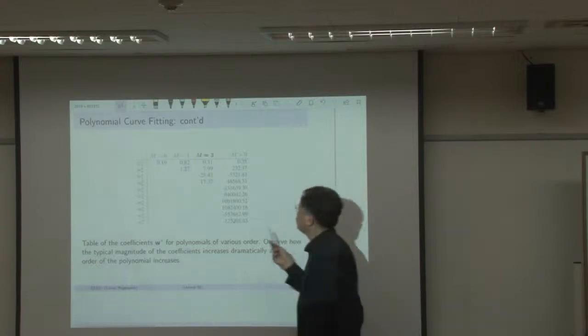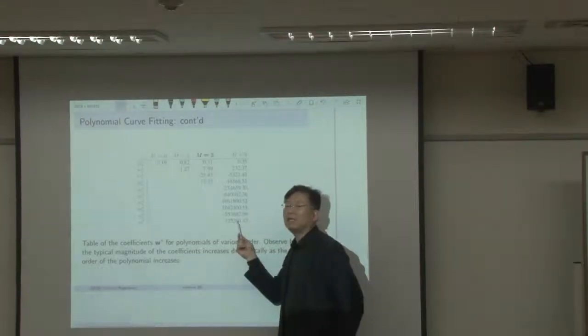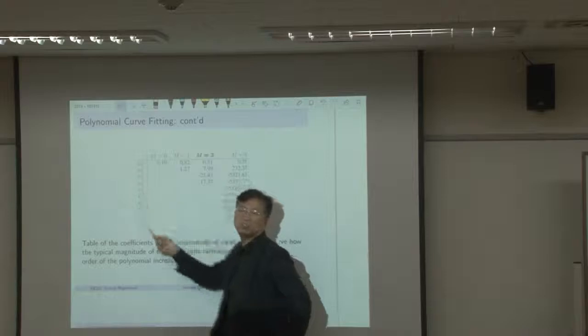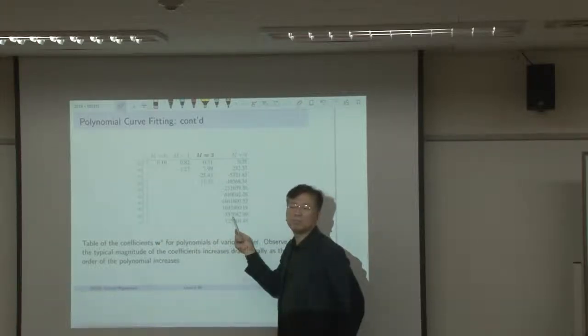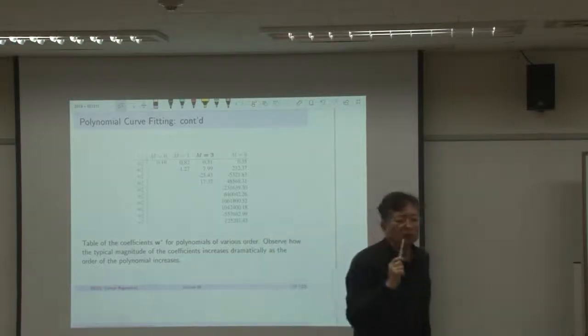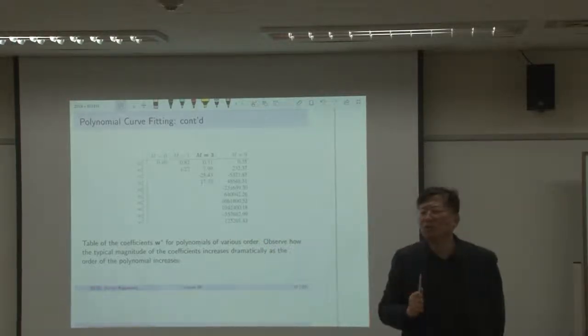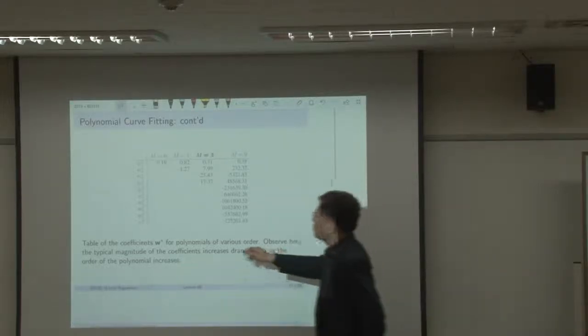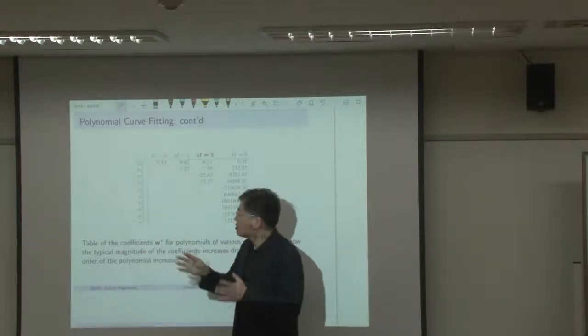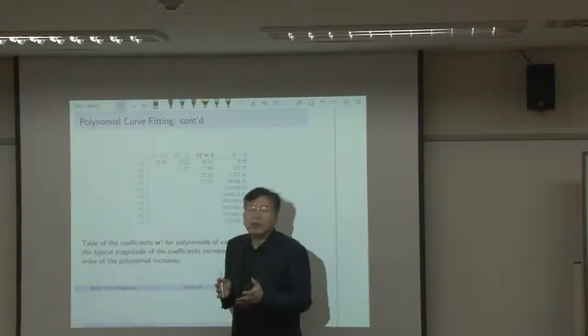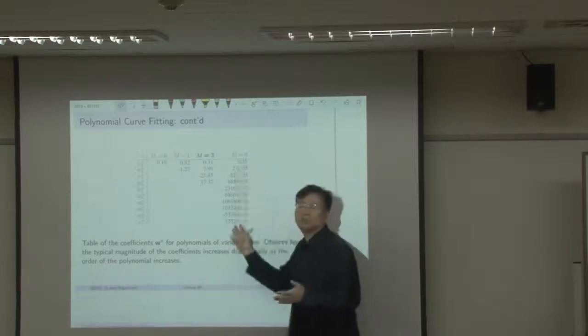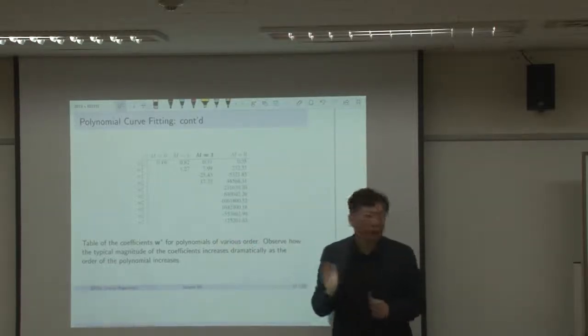In addition to the residual sum of squares, I say, hey, I'm also thinking about the sum of squared values of the coefficients. I want you to minimize the residual sum of squares and also minimize how big the W's are. Then it's going to prevent that from happening.